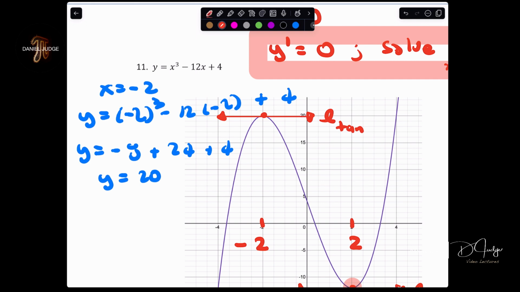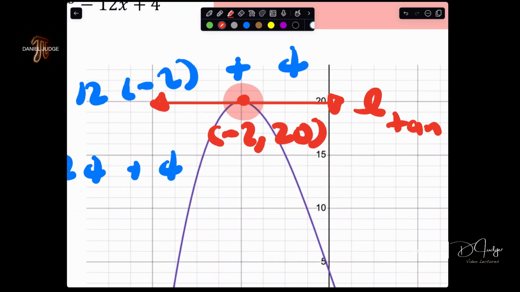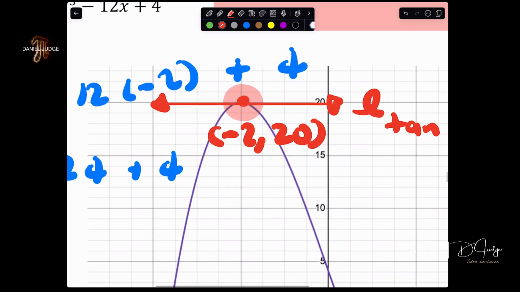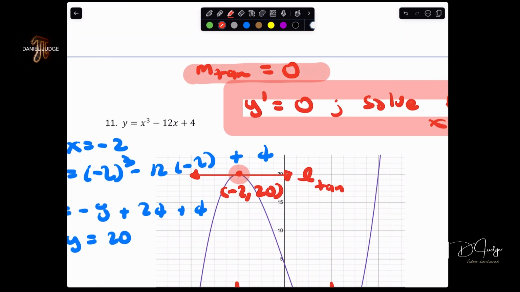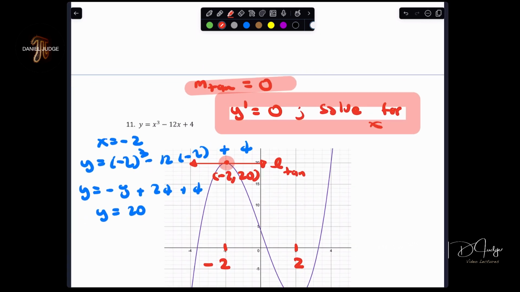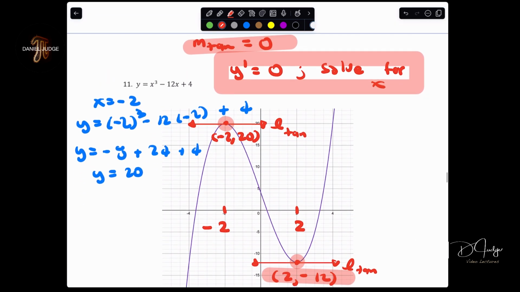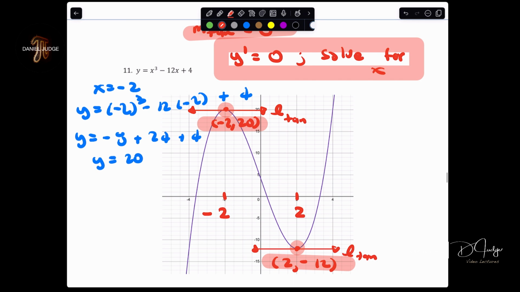So when x is negative 2, y is 20. This is the location, and sure enough, that does look exactly like the coordinates on the curve. So when you have a horizontal tangent, the slope is 0. M tangent is 0. So take that first derivative and solve for x. These are the locations, and that's what they want, the coordinates. All right, number 11, good.